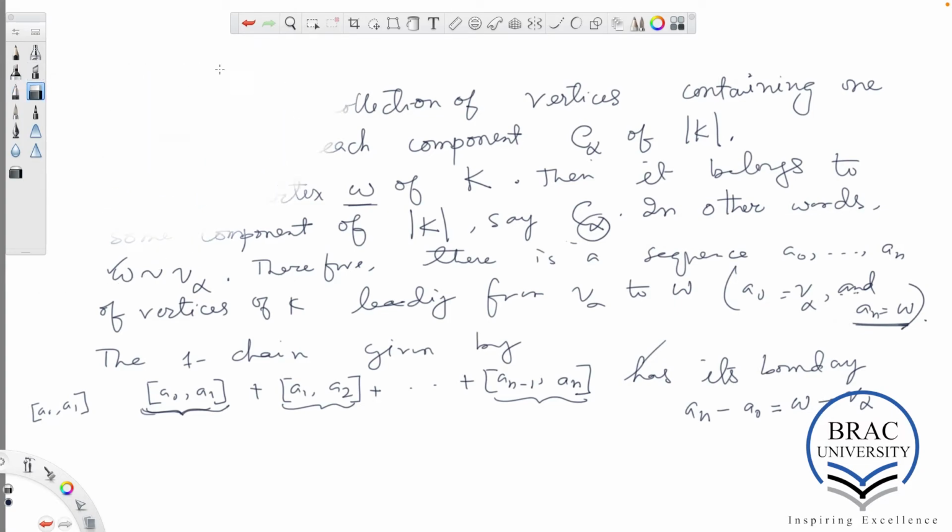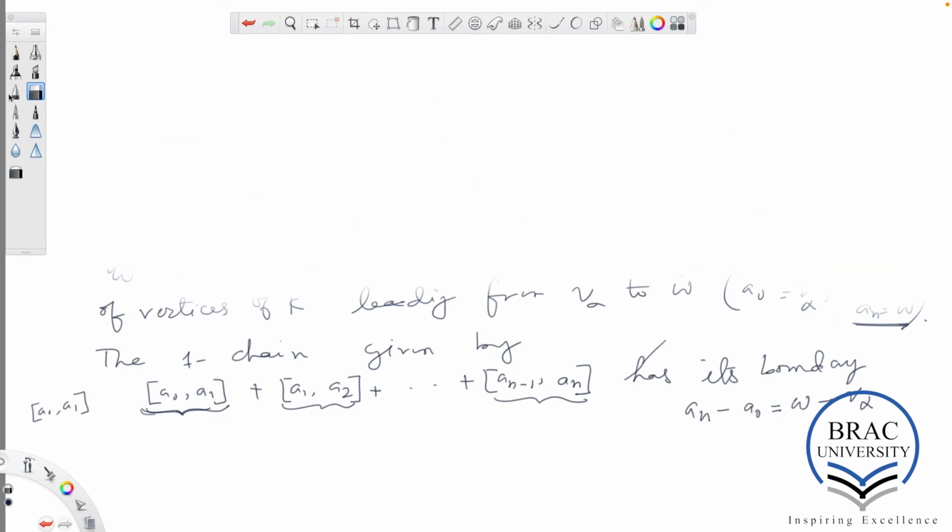Okay, so in other words, W minus V alpha is equal to the boundary of this one chain, A0 to A1 plus A1 to A2, finally AN minus 1 to AN.